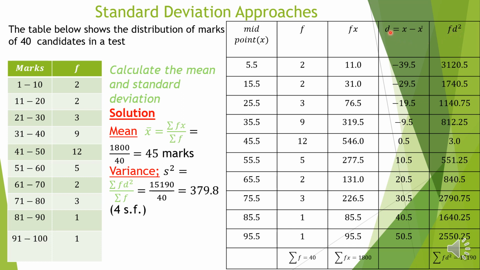So what we need to do is to square the deviation, and then once you've squared the deviation, we multiply by f.